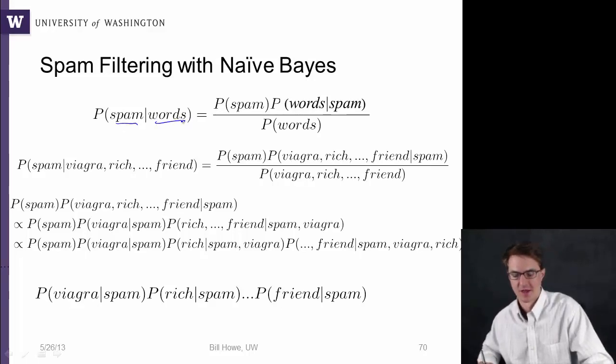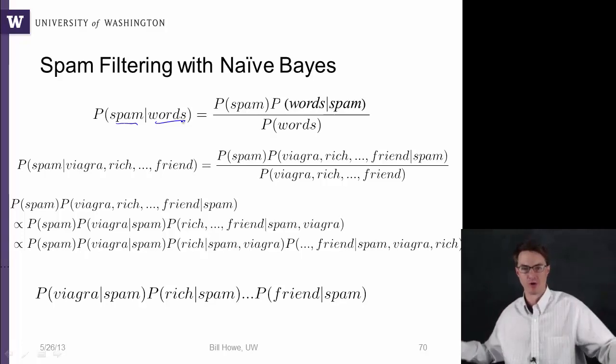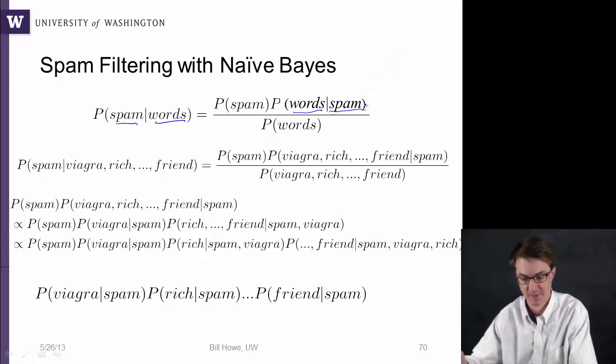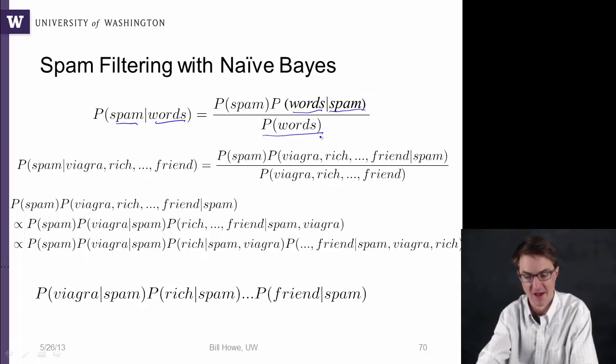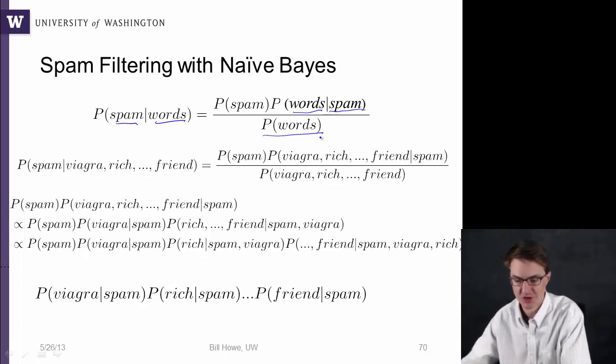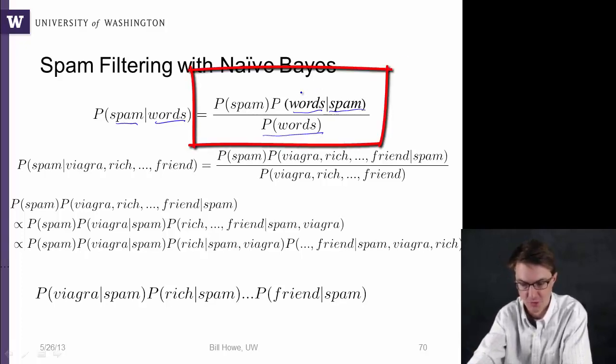With Bayes' rule, you can express that probability as the probability that the email message is spam overall, multiplied by the probability of seeing these particular words in the message given that we already know it's spam, all divided by the probability of seeing these words in the message. Now, the interesting one here is the numerator.